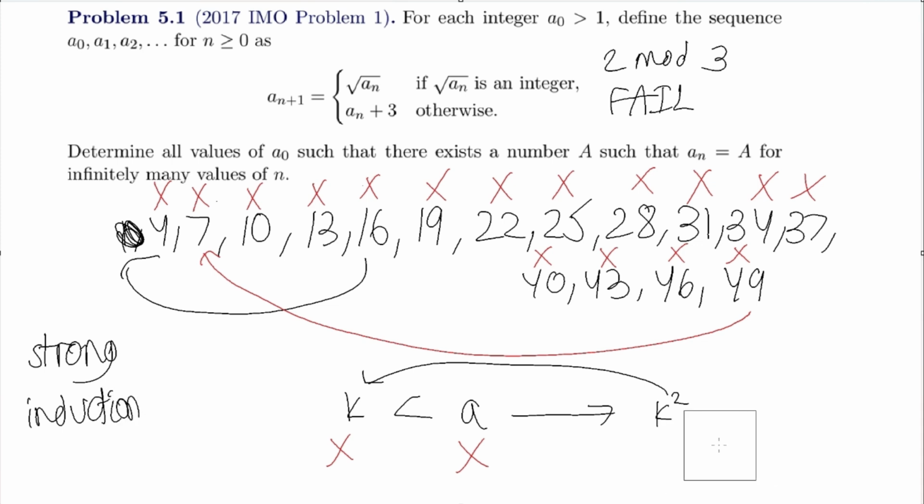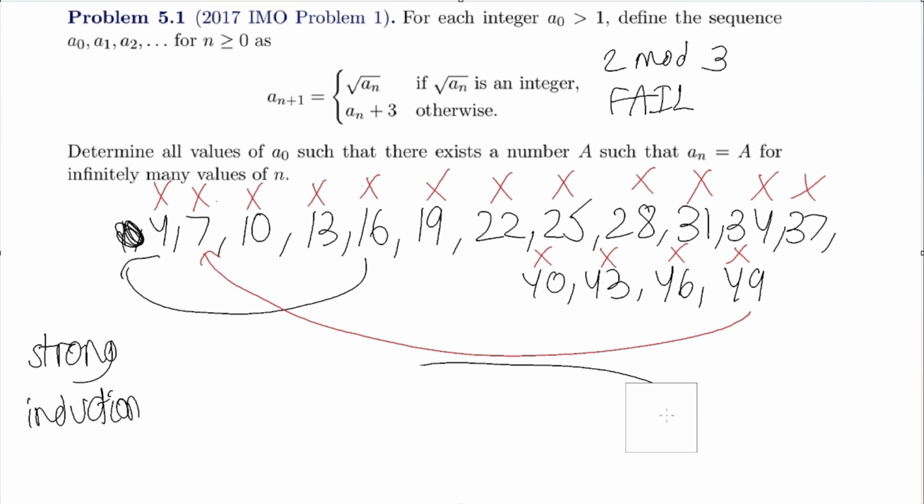Okay, so let's see how the details work out. So again, suppose I have a number, say 3a plus 1. And this is our 1 mod 3 number. Then if we have 3a plus 1, and the nearest perfect square to it is k squared, then we get to k.